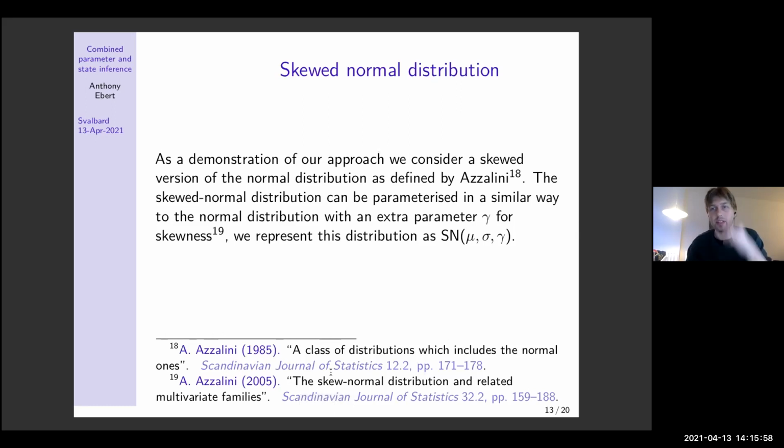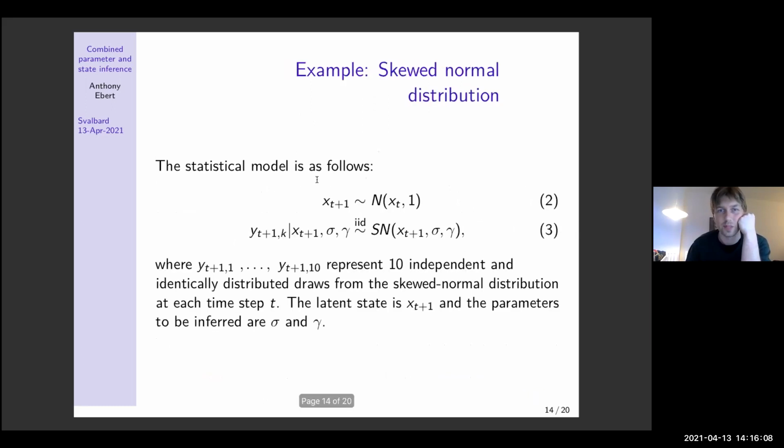So we tried this out with a few examples. I'll show two here. We've got a skewed normal distribution. This is a contrived example we thought of. So the state is moving around normally, and then the observations are skewed normal IID on the time index.